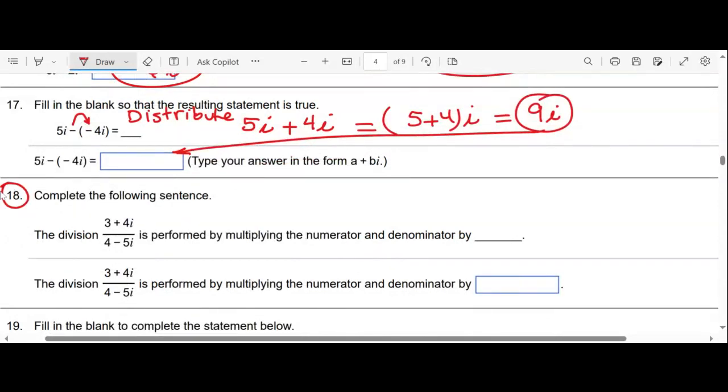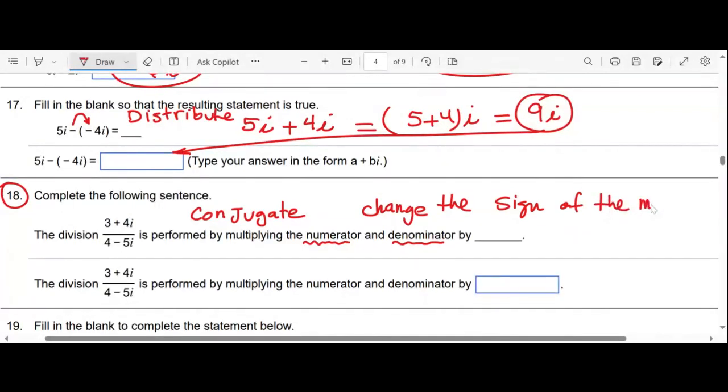Complete the following, number 18. Complete the following sentence. The division 3 plus 4i over 4 minus 5i is performed by multiplying the numerator and the denominator by, this is called the conjugate, right? It means you only change the sign of the middle.